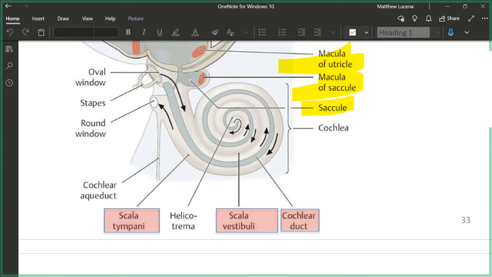So I guess you could think of it as kind of like if you have a bag and then what you're putting in the bag, so to speak. Like the scala tympani is kind of the outside layer versus the scala vestibuli is the inside layer. Does that make sense? Yes, thank you.